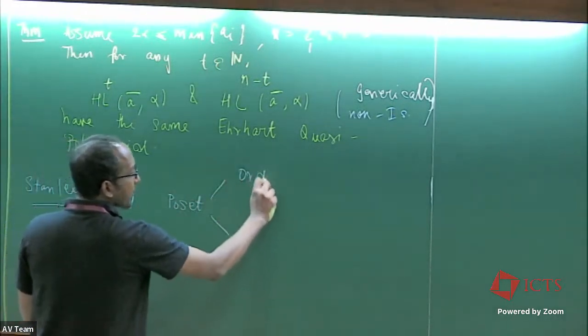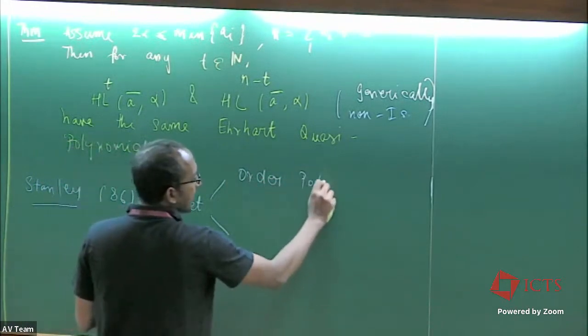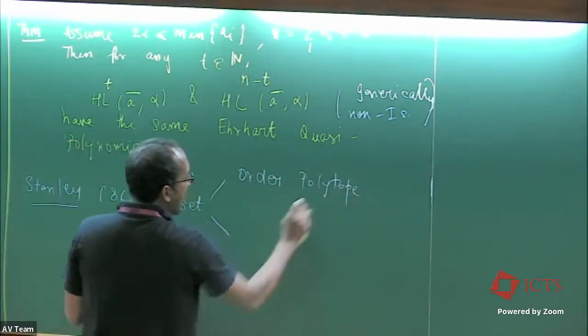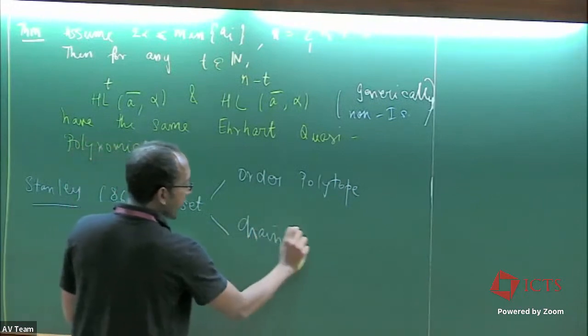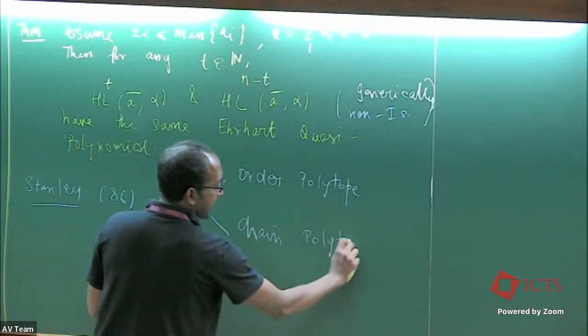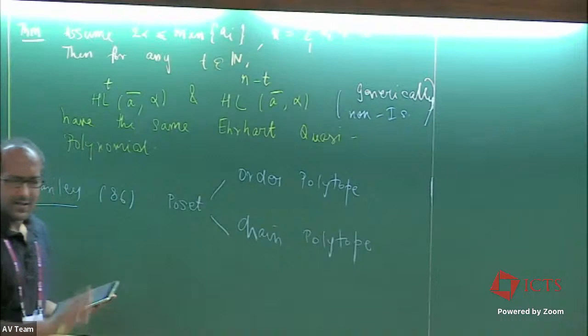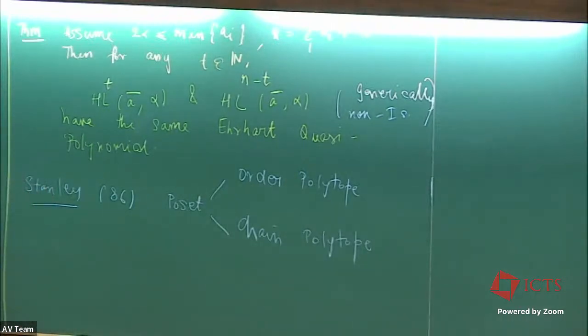One polytope is called the order polytope, and the other is called the chain polytope. Let me not give the definition, but they are elementary objects, and they are non-isomorphic, very far from being isomorphic, but miraculously they have the same volume.